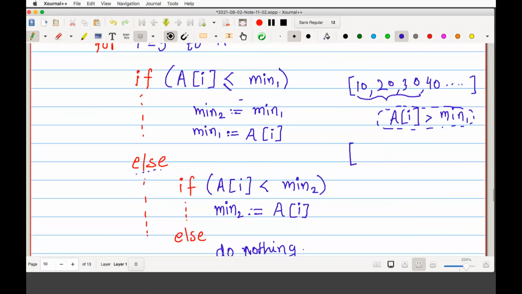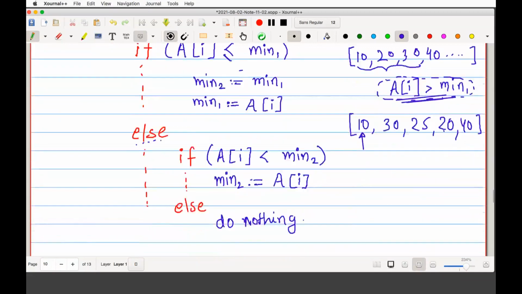If the first one is the smallest and the rest are in arbitrary order, it doesn't matter. If your array looks like this, then you will always get into this, because min1 will always remain here and your ai are always greater than this. So you are always falling into the else case. It looks like there are many worst case inputs, right?